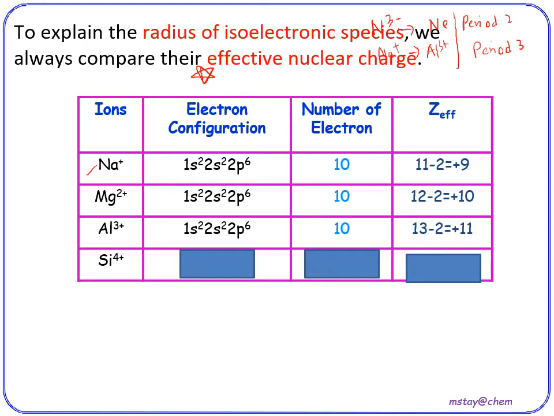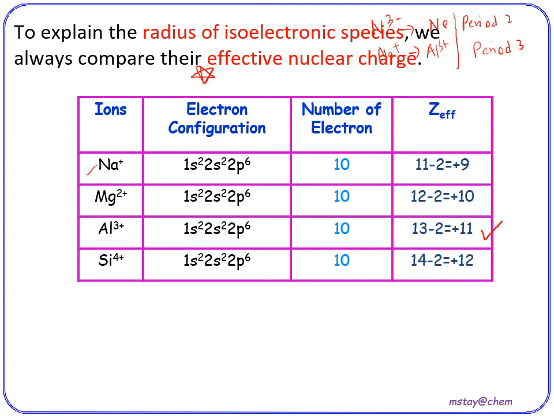Aluminium 3 plus, same case, same electronic configuration, so same number of electrons, but the effective nuclear charge is positive 11. Next is silicon 4 plus, same electronic configuration and number of electrons as the other ions, but the effective nuclear charge is positive 12.